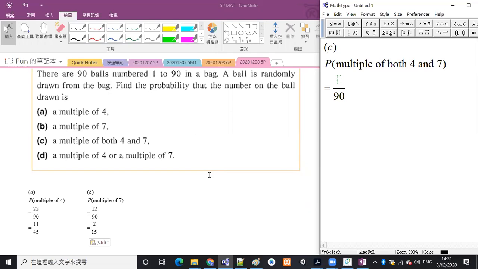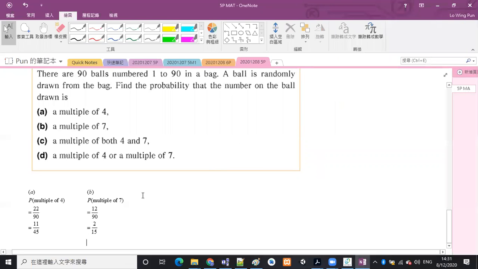If it is a multiple of both 4 and 7, it is a multiple of 28. There are just 3 of them: the first one is 28, the second is 56, and the third is 84. Out of 90 outcomes, only 3 are at the same time multiples of 4 and 7. So the final answer will be 1 over 30. Get it?